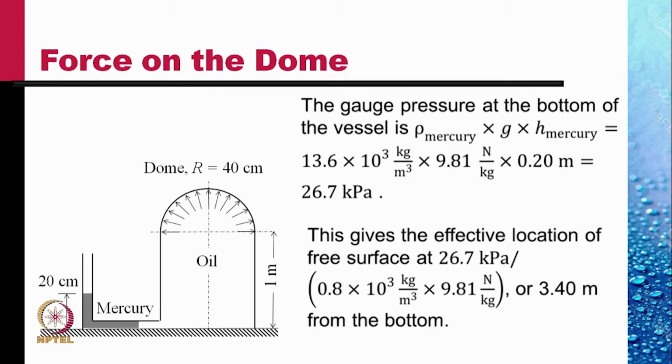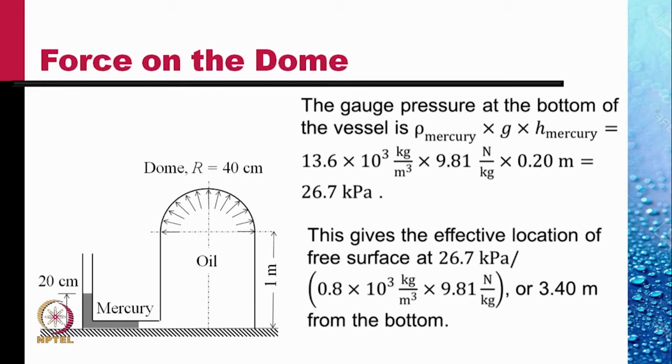The result is 3.40 meters from the bottom. So a pressure of 26.7 kilopascal at the bottom of the tank would be obtained if the oil extends up to a height of 3.40 meters in an open tank.